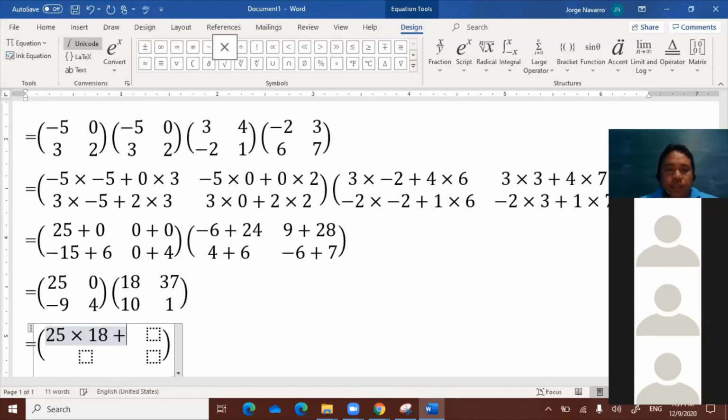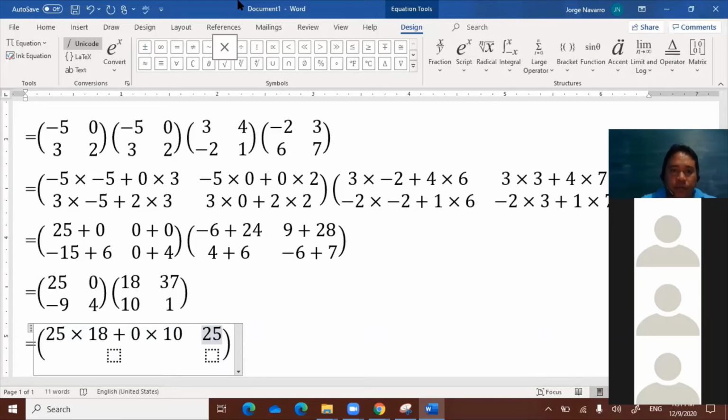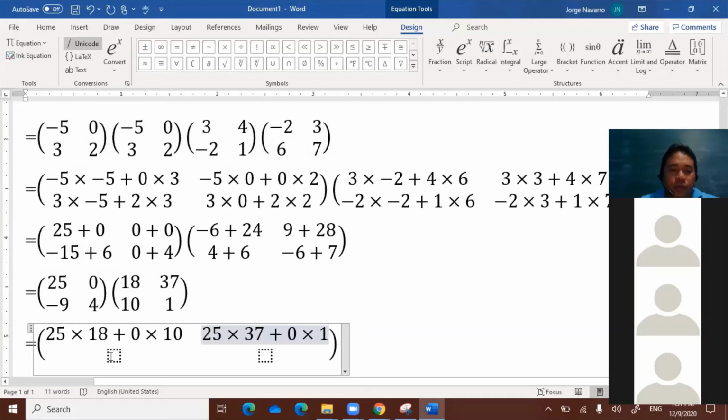Plus 0 times 10. That's the first element answer. Then the next one is 25 times 37. Wow. Plus 0 times 1. So we'll definitely get some big numbers.